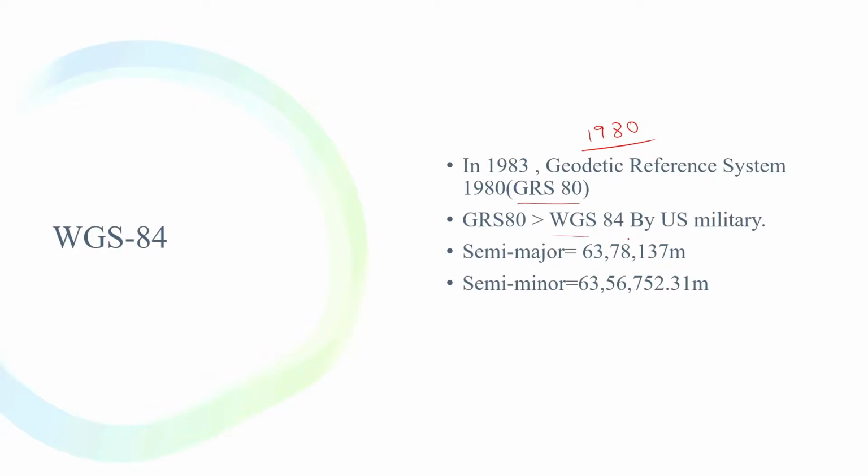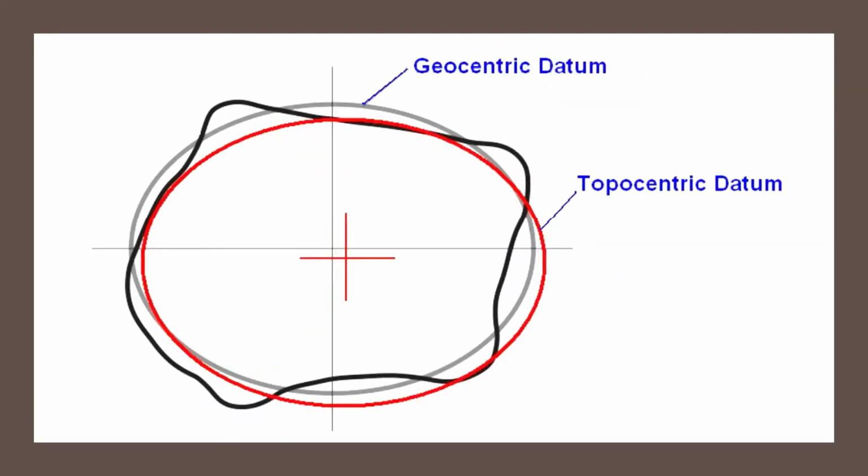Okay, World Geodetic System, WGS. The major axis value of this WGS-84 is this, and the minor axis value is this.